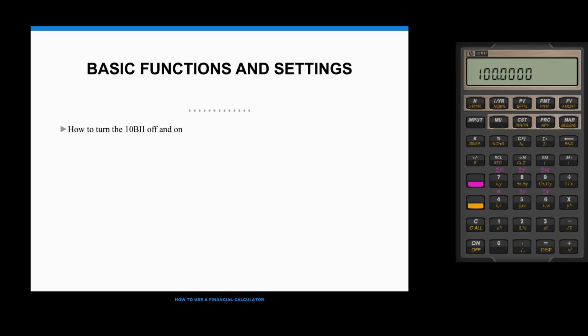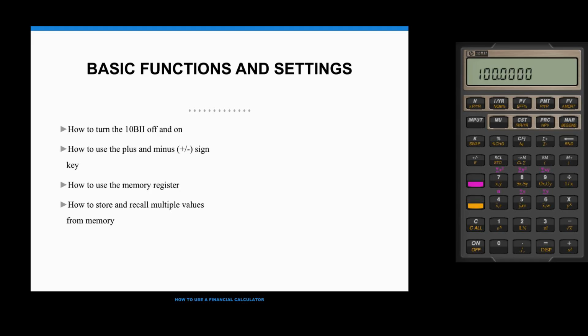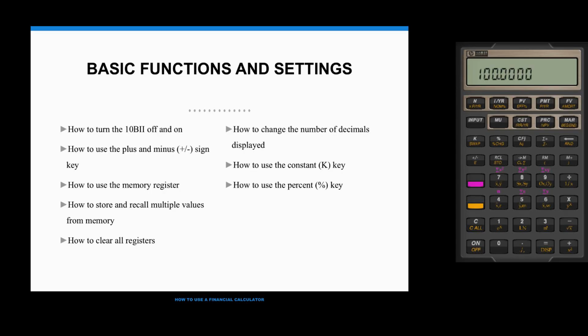We'll cover how to turn the calculator off and on, how to use the plus and the minus sign key, how to use the memory register to store values in memory, how to store and recall multiple values from memory, how to clear all registers and the difference between the clear button and the clear all function, how to change the number of decimals that are displayed, how to use the constant key, how to use the percentage key, and finally, how to use the backspace key.